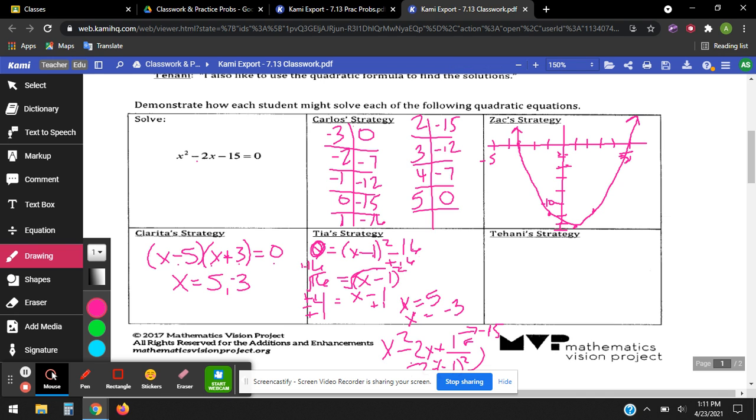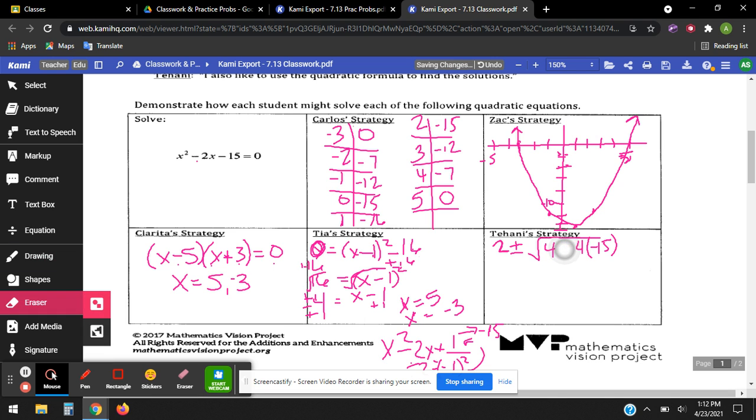So instead of -2, I'm going to do +2 plus or minus the square root of b squared, so 2 squared is 4, plus 4 times a, which is 1, times c, which is -15. Oh, sorry, minus 4. It's a minus 4, but it's going to end up being an add because minus a negative, and that's over 2a, which is 2 times 1 is 2.